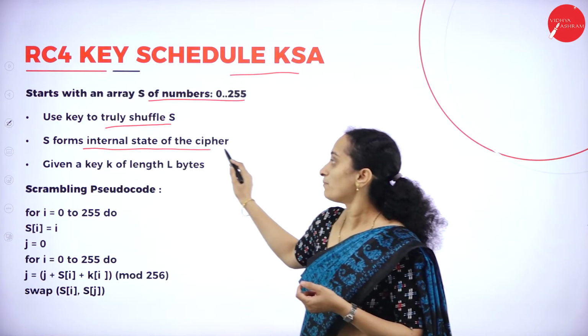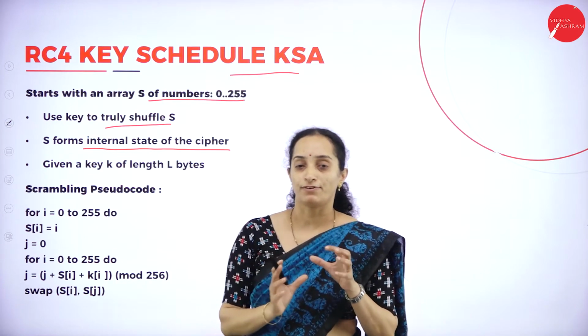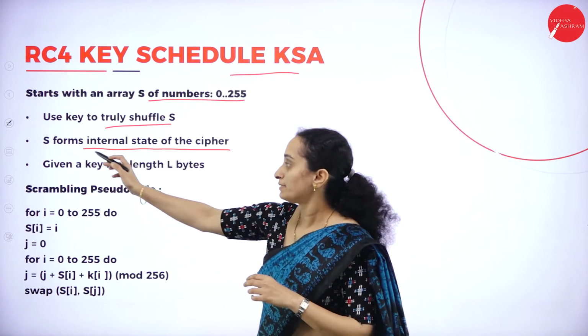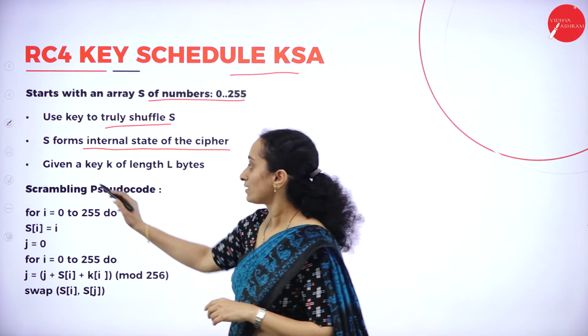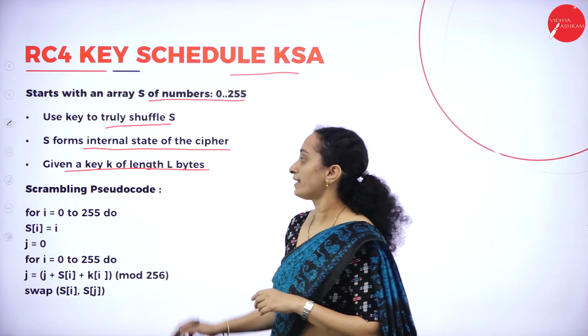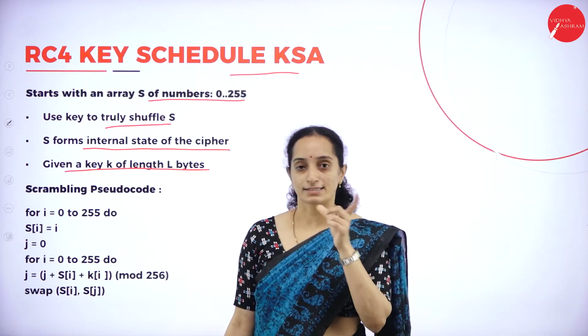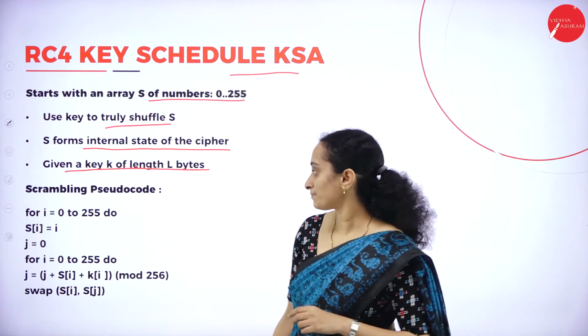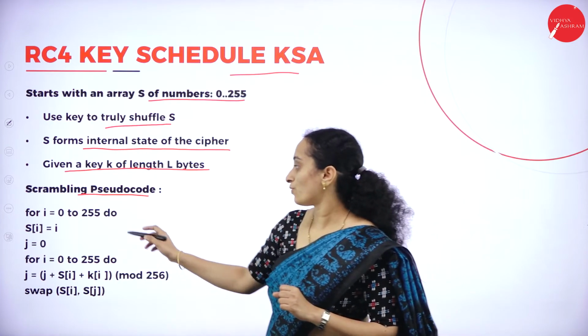The S forms the internal state of the cipher. How the ciphering is done will be based on the permutation of the S set. Given a key K of length L bytes, we are going to permute the S, that is the state bits. Now we have the scrambling pseudocode for this.